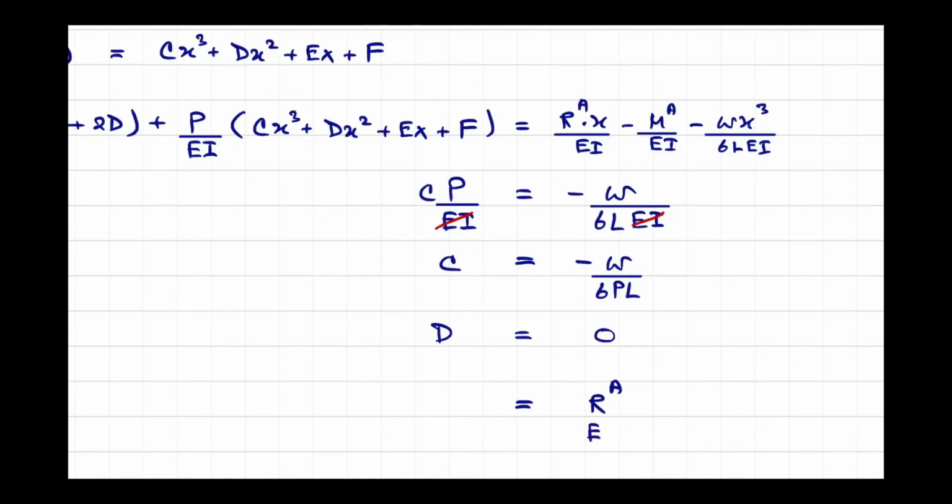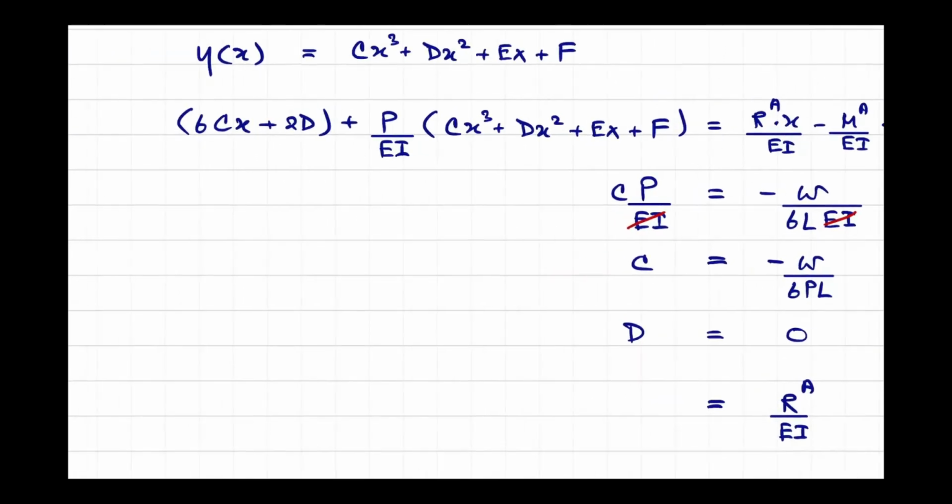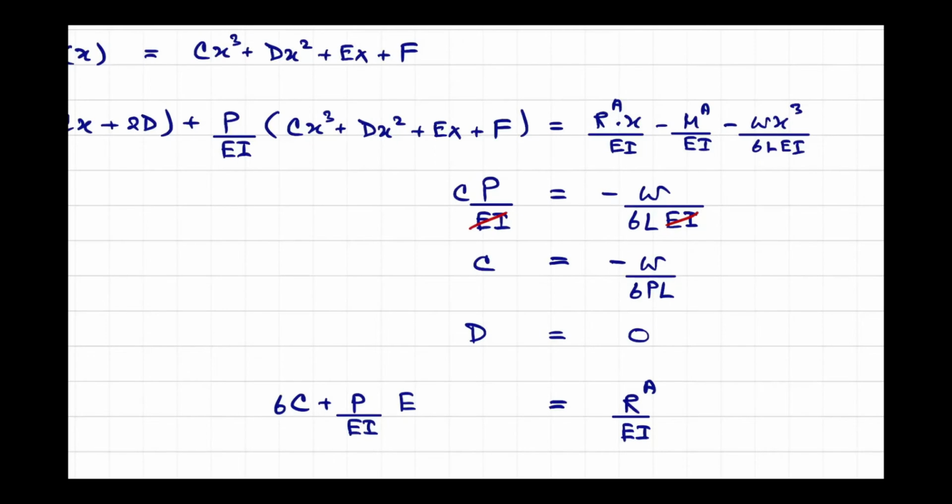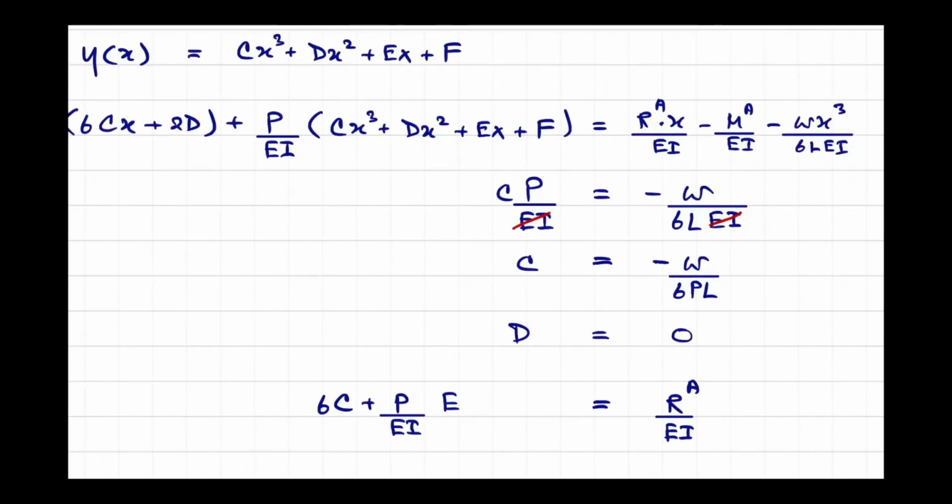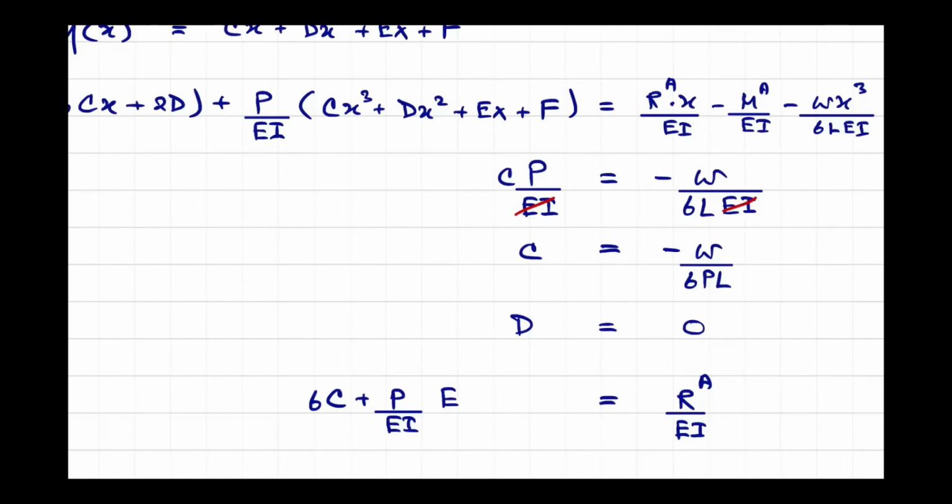A over EI. 6C plus P over EI times E, P over EI times E, okay, X term, and I will substitute the C term there.